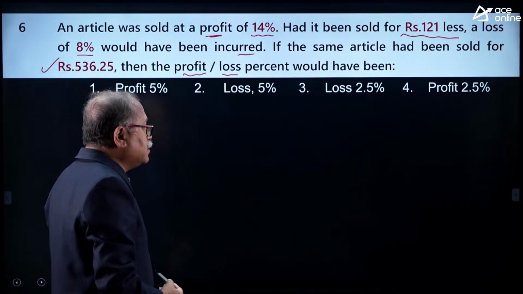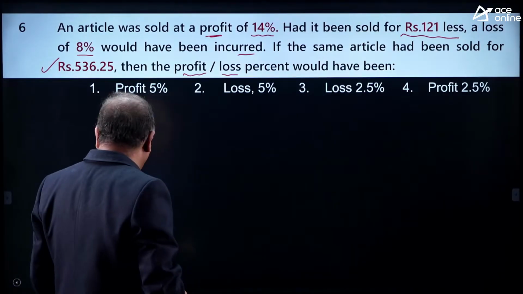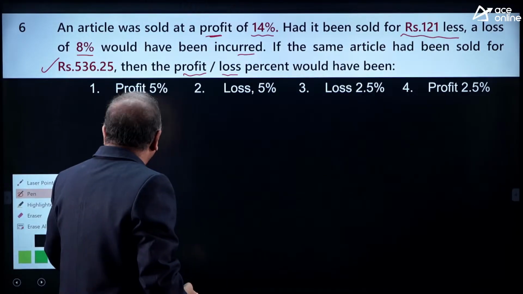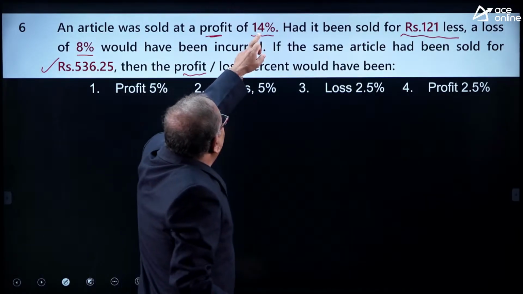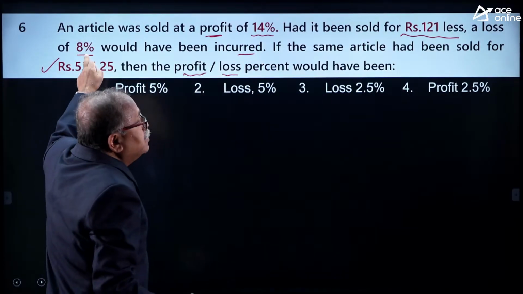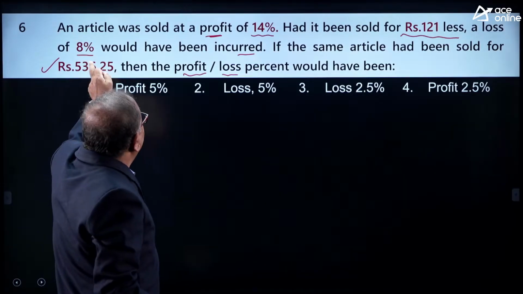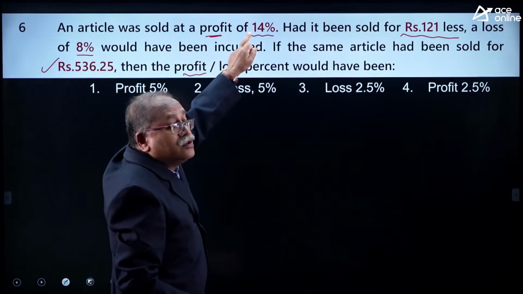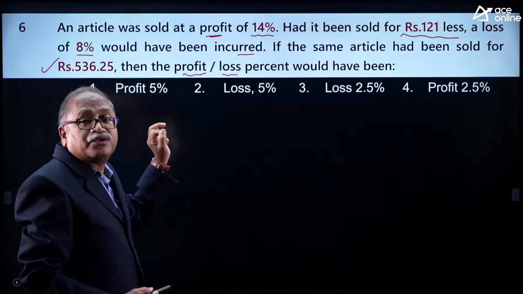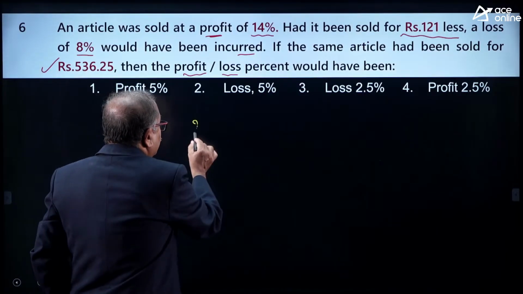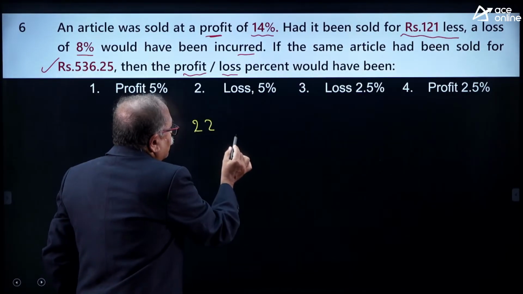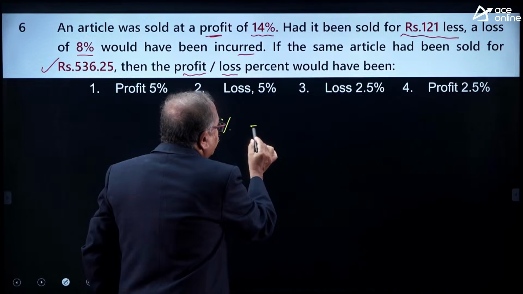My dear friends, how do we do this part? We already know it goes from profit to loss. So, what is the percentage overall? 14 plus 8, that is 22%. Why is there a 22% gap?